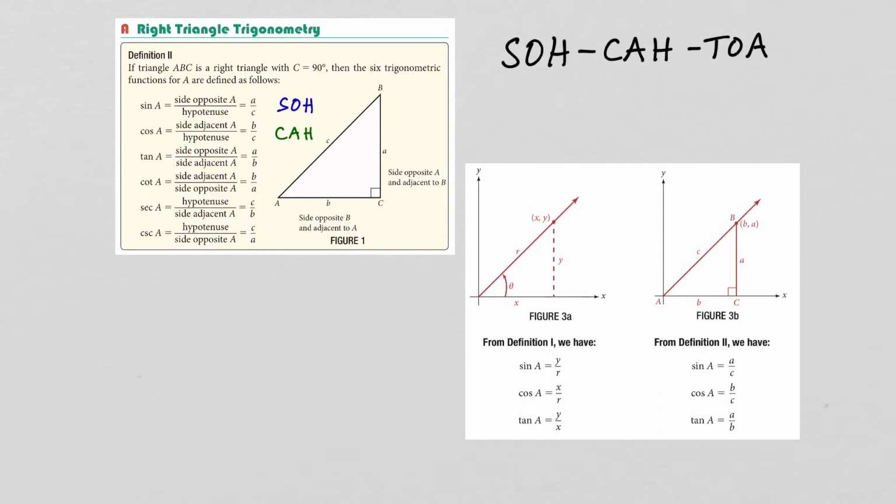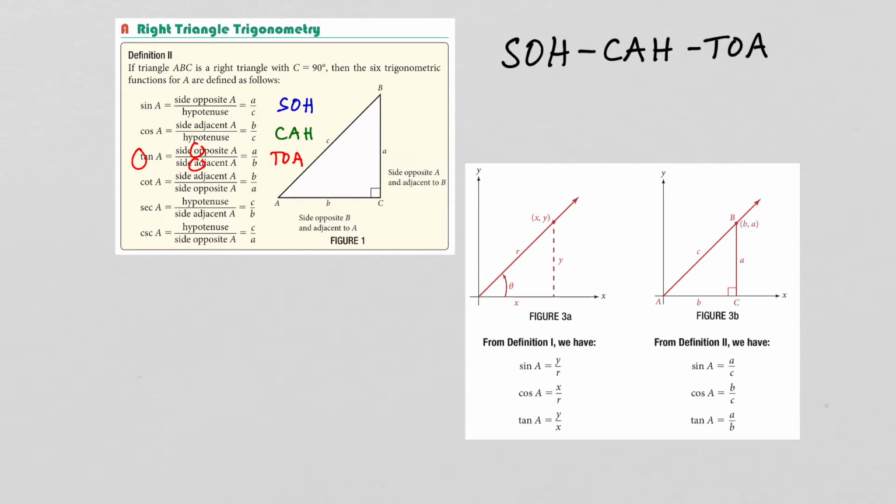And finally, for tangent, which is opposite over adjacent, we can summarize that by the letters TOA, which is pronounced "toa." Altogether, what we have is so, ka, toa. This is a nice way to remember that sine is opposite over hypotenuse, cosine is adjacent over hypotenuse, and tangent is opposite over adjacent.